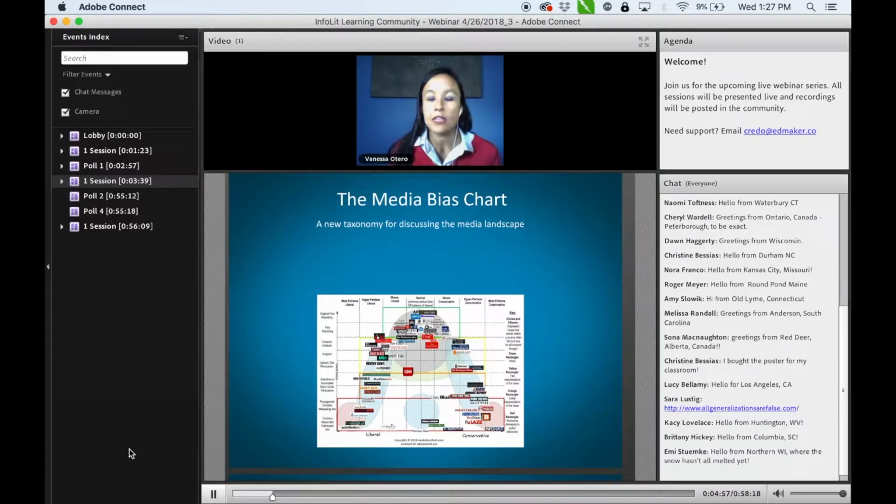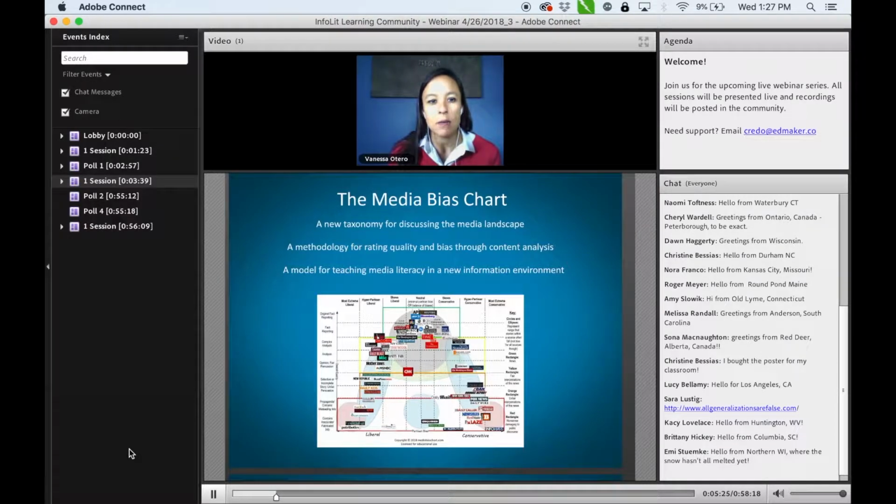One, it's really a new taxonomy for discussing the media landscape. That's what people have found it to be helpful for. Two, it reflects a methodology for rating quality and bias through content analysis. And what I mean by content analysis is looking directly at the words, the sentences, the pictures, and analyzing them. So I'll go through each of those topics in depth today.